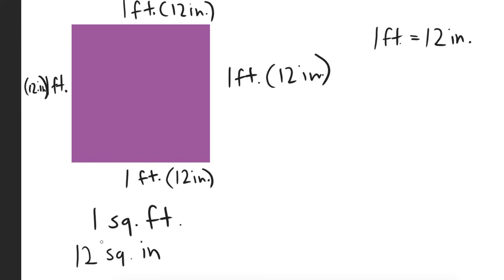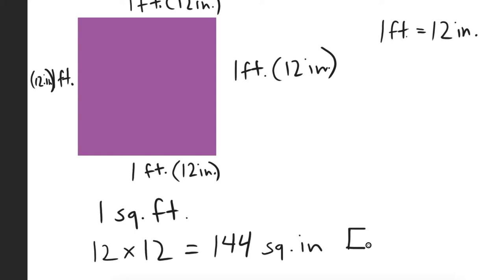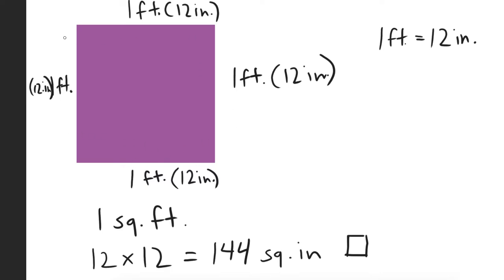So instead of 12 square inches, we have to multiply 12 times 12, and that gives us 144 square inches. Meaning I need 144 squares that are 1 inch by 1 inch to fill in my 1 foot by 1 foot square here.